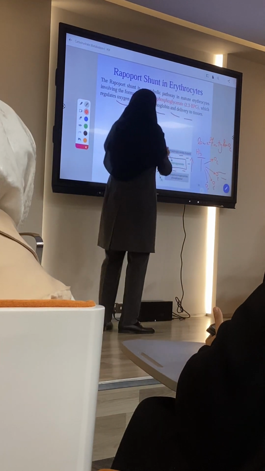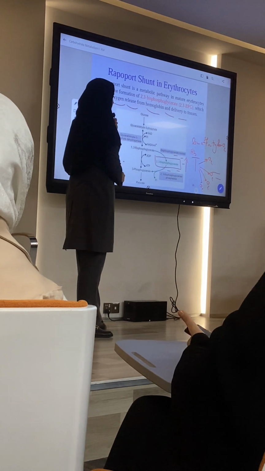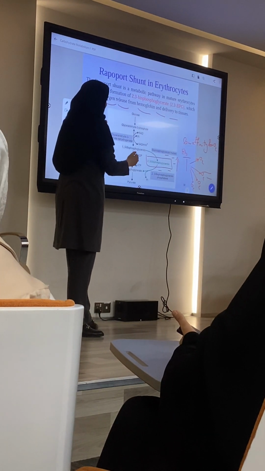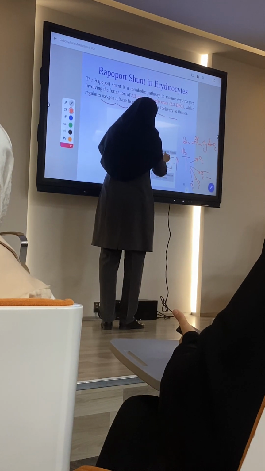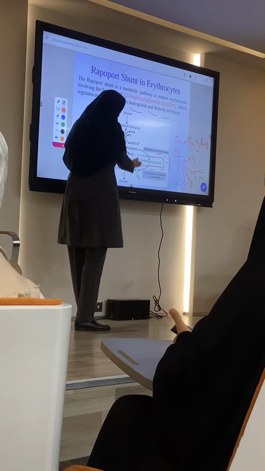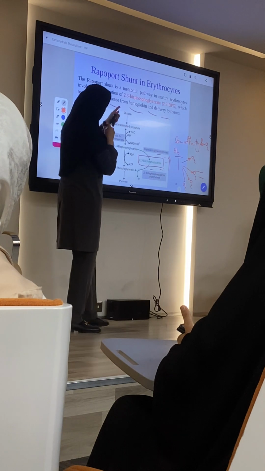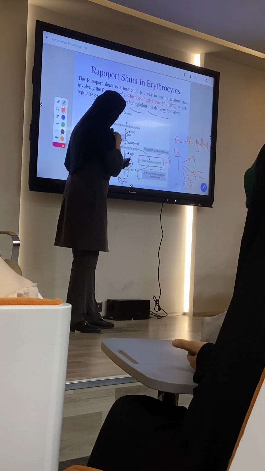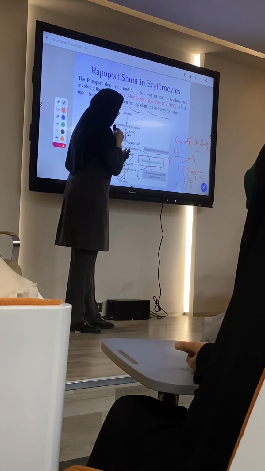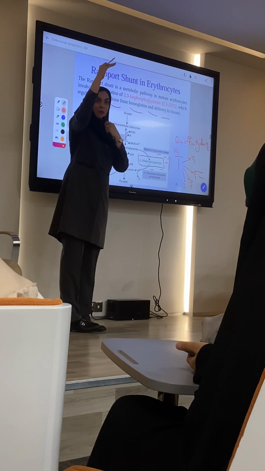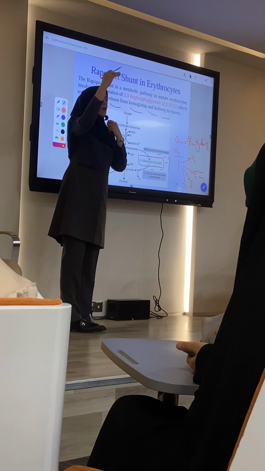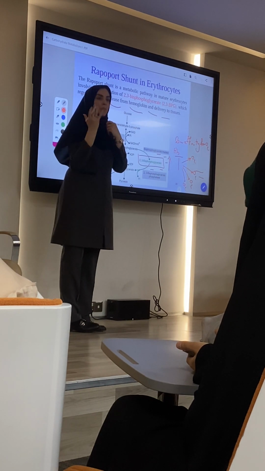How? By the Rapoport shunt. What is the Rapoport shunt? It is actually another pathway inside the glycolysis. This is glycolysis. Glucose, glyceraldehyde, up to pyruvate. Whenever you are at a high altitude, on a mountain, you are at risk of hypoxia.